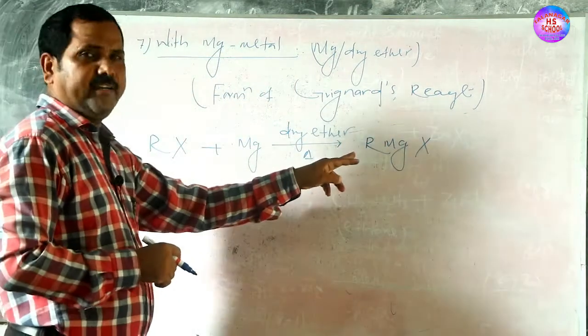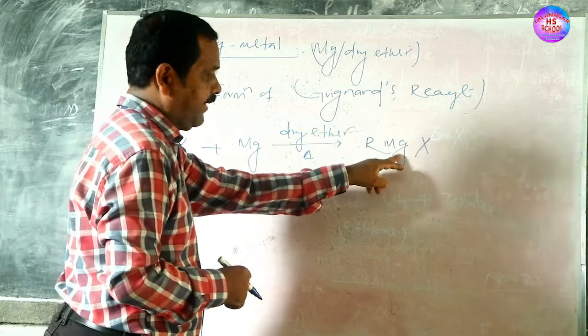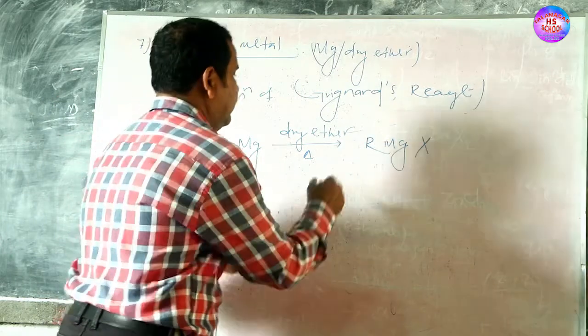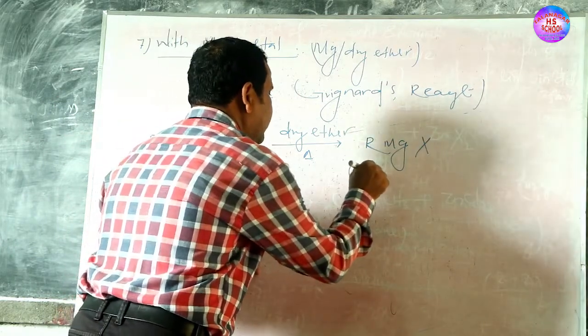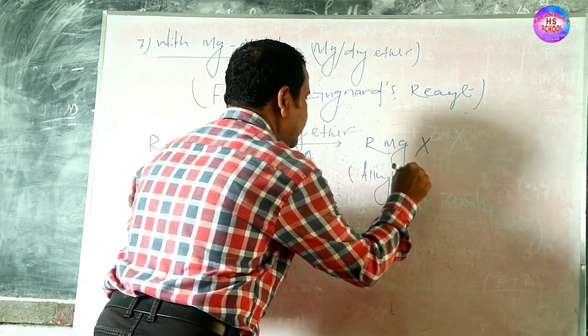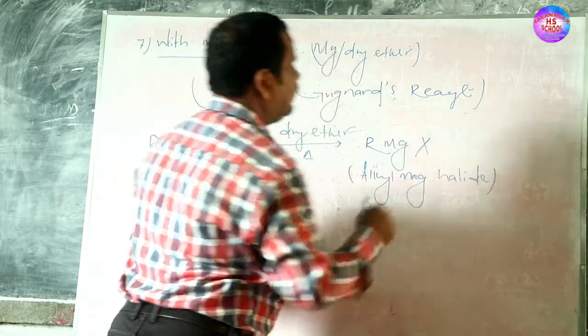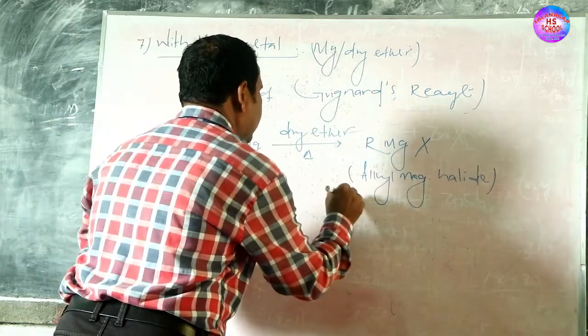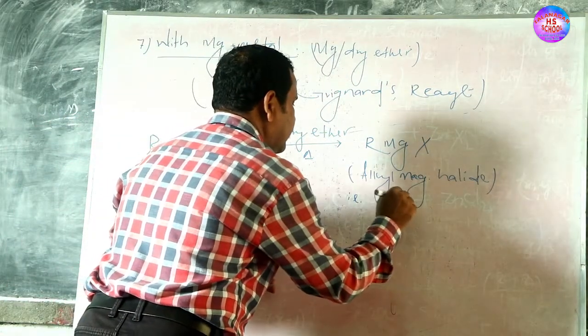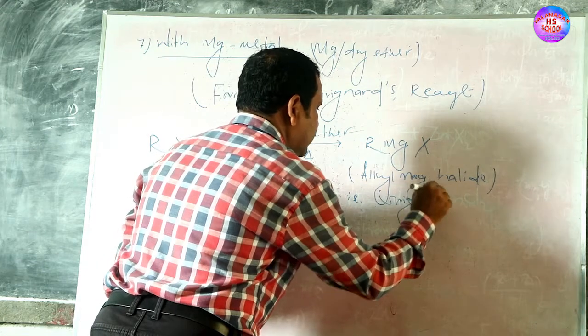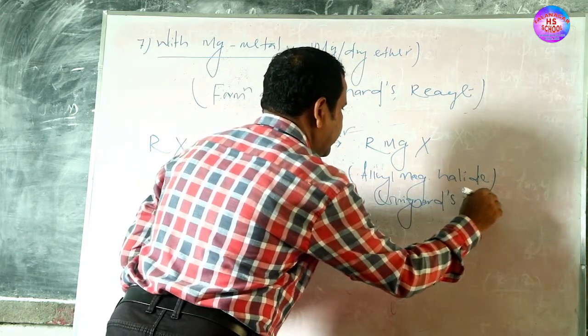RMgX is called as alkyl magnesium halide. That is Grignard's reagent.